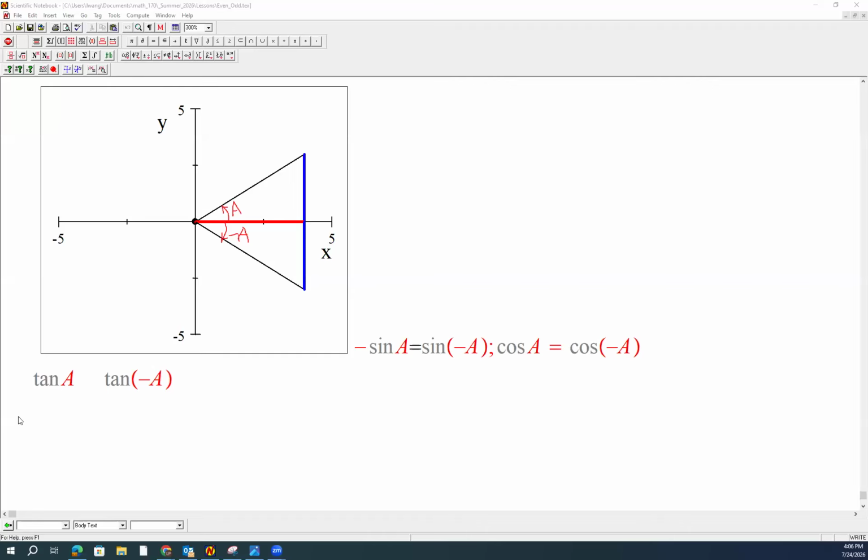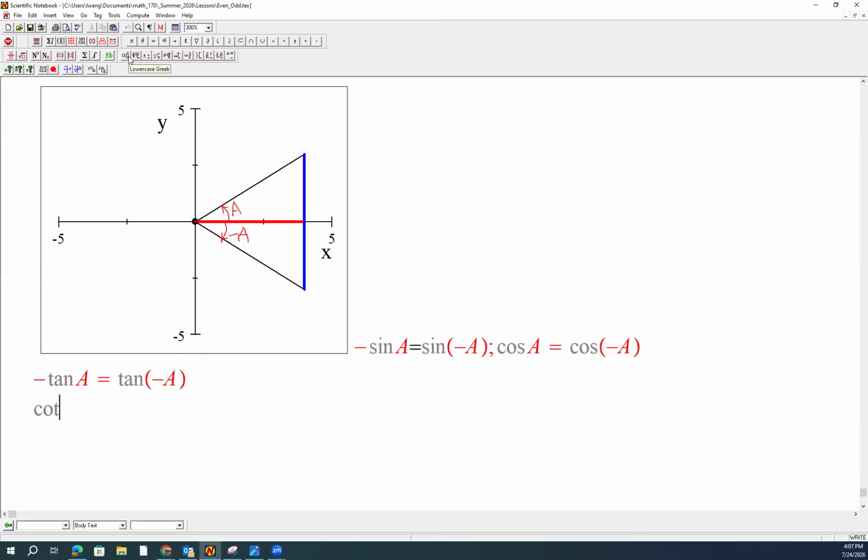Therefore, these two are going to be opposite, so this will be negative. One blue is positive, the other blue is negative, right? So tangent is odd.